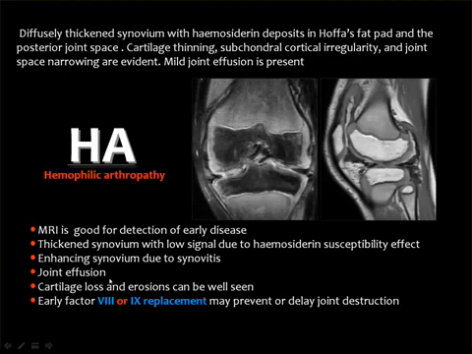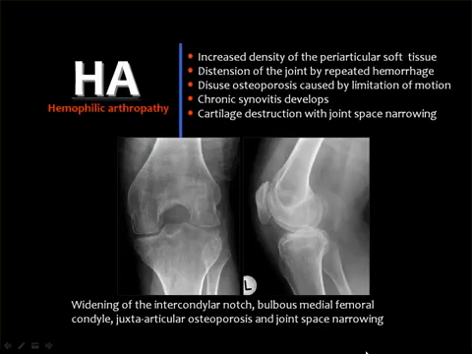Then you may get joint effusion, cartilage loss and destruction, and the early replacement of these factors may prevent the destructive changes in the joint. Then increased density of the periarticular soft tissue due to bleeding, distension of the joint by blood rather than due to effusion. Diffuse decreased bone density is of course due to limitation of joint movement.